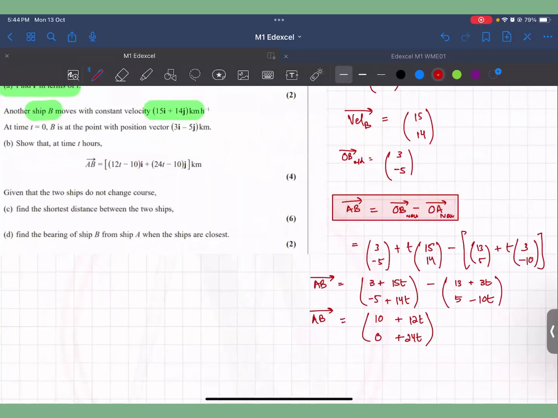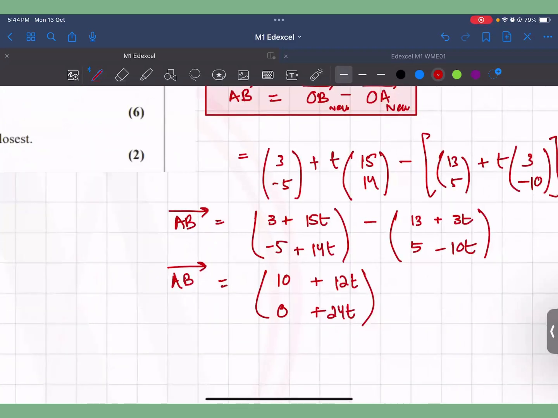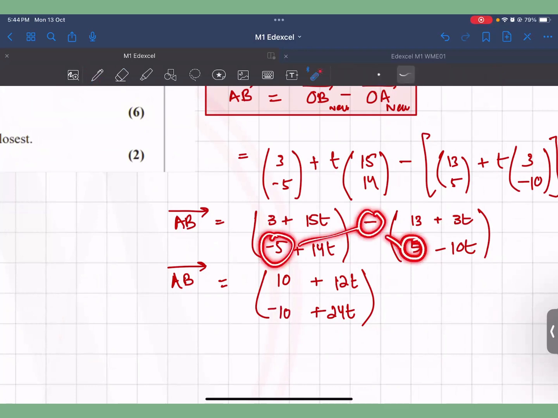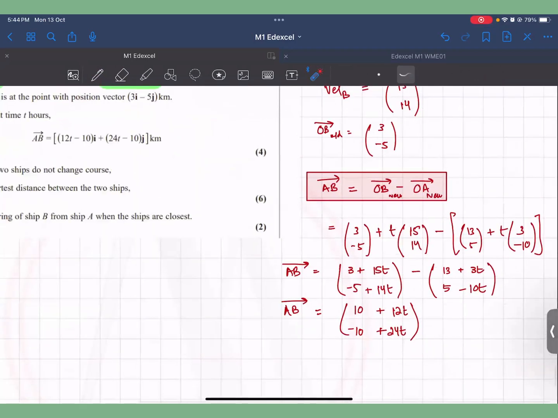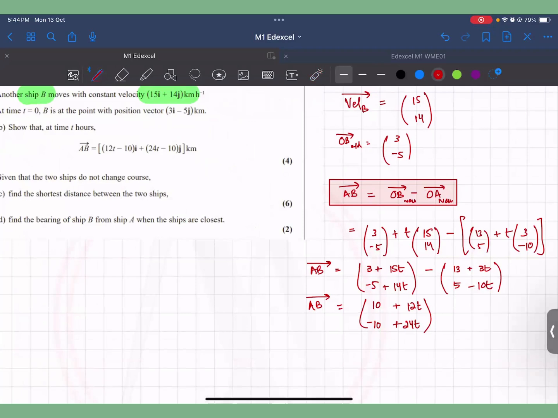And if you see, I think we have got it wrong. Oh, no, sorry. Minus 5 will be minus 10. So now we have got it right. And if you write it in the i, j format, wait a minute, wait.